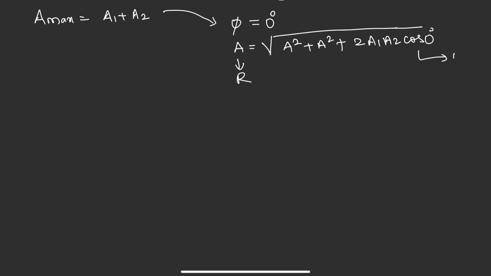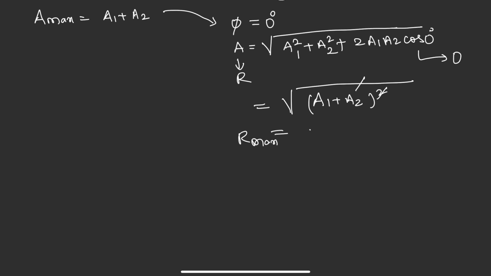Both are in the same direction. So this will become under root of A1 square plus A2 square plus 2 A1 A2, which you can write as (A1 plus A2) whole square. Square and root cancel, so R max is equal to A1 plus A2.